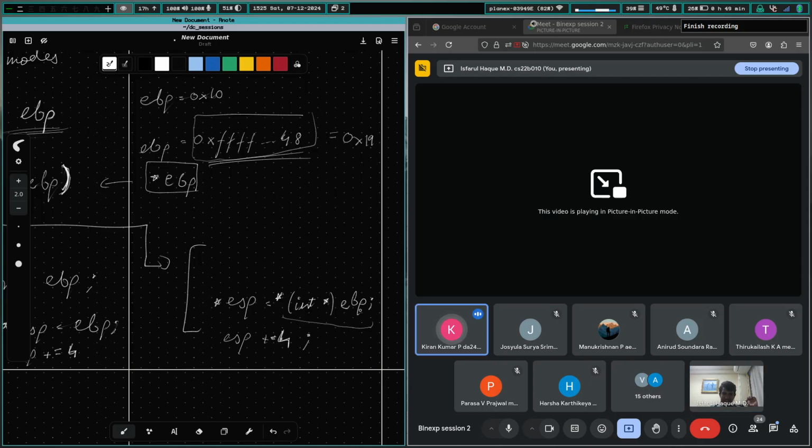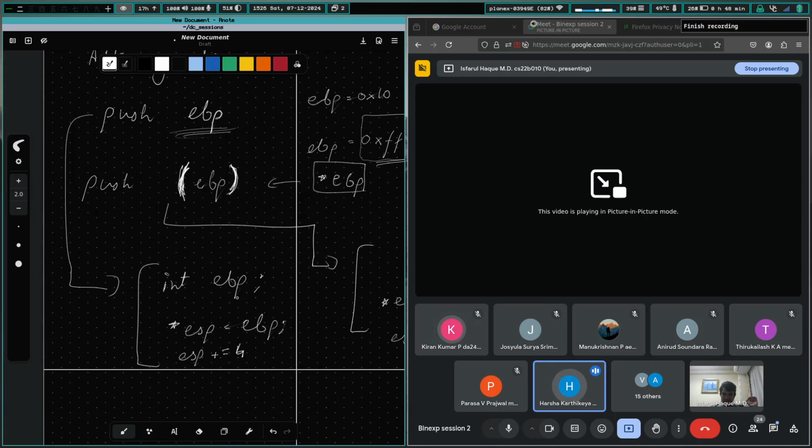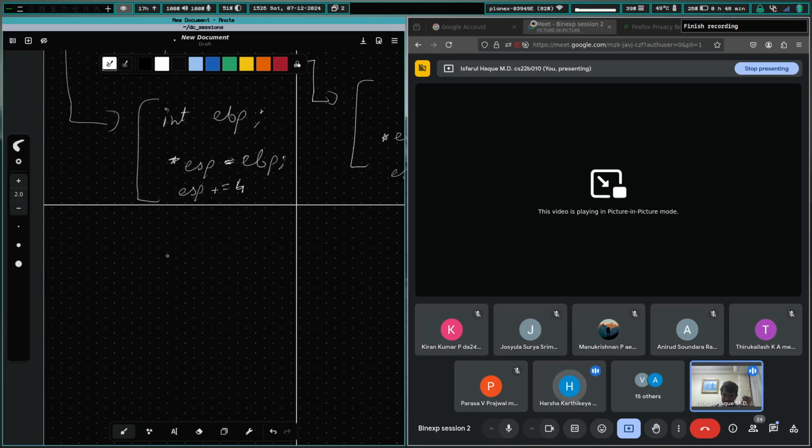Could you explain the C code for the previous one, where you wrote star ESP, the second step? What's wrong in this? What do you not understand in this? This is how push works, right? In general, is ESP a pointer?